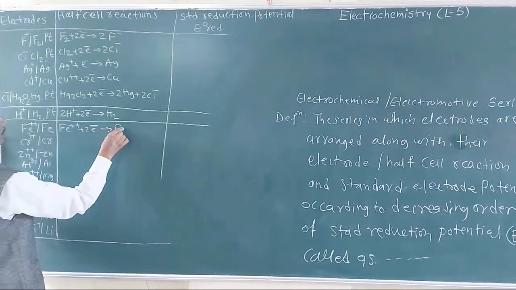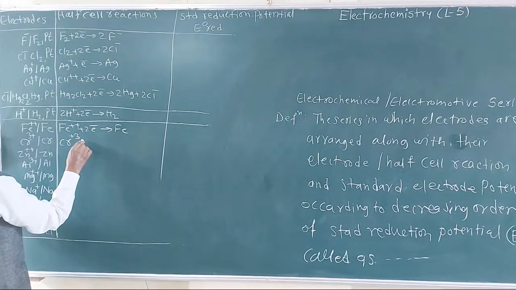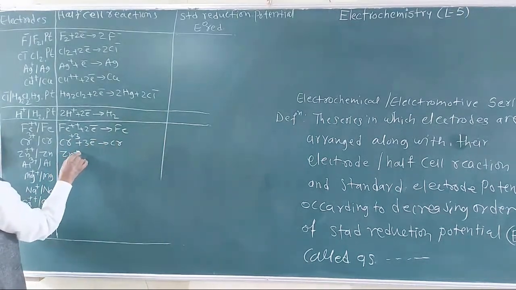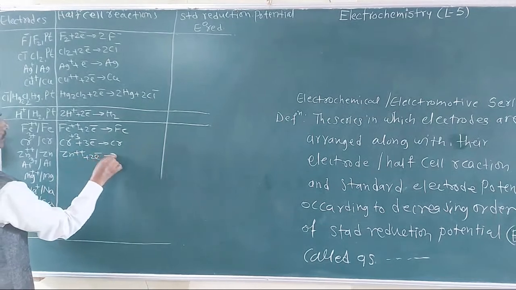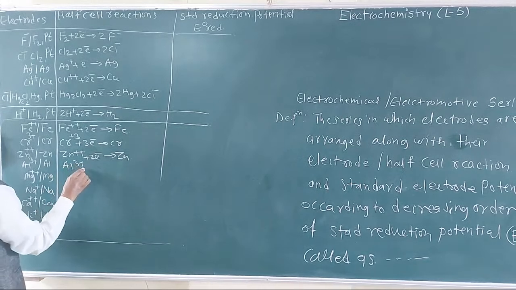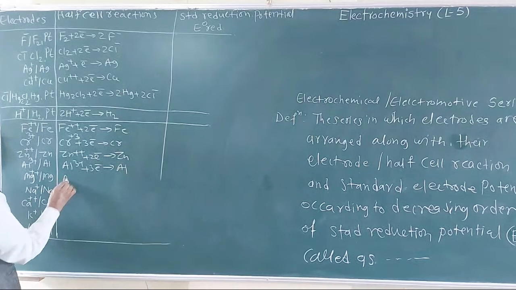First, chromium tripositive ions plus electrons give chromium, or zinc ions plus 2 electrons give zinc, or aluminium ions plus 3 electrons give aluminium.